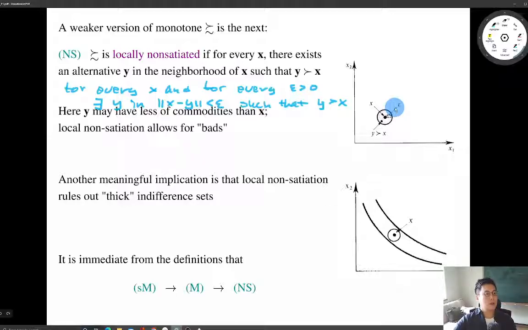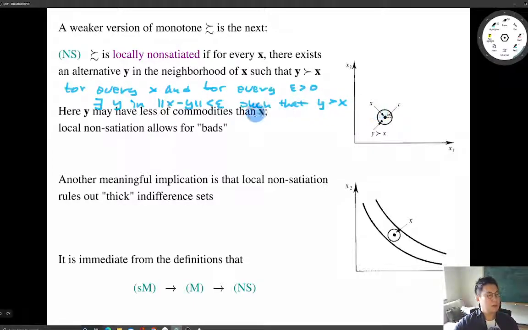There is a more exact mathematical definition of local non-satiation, but intuitively you may remember it like this: for every bundle x, in the neighborhood of this x, we can find a better bundle.